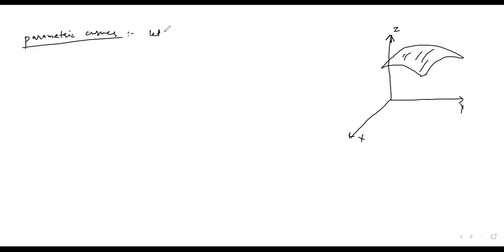So let me write it down first. Now let r, depending upon these two independent parameters, be the equation of a surface, of course we say defined on some domain inside our uv plane.